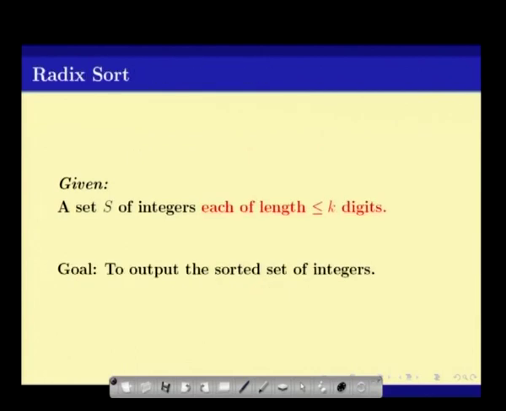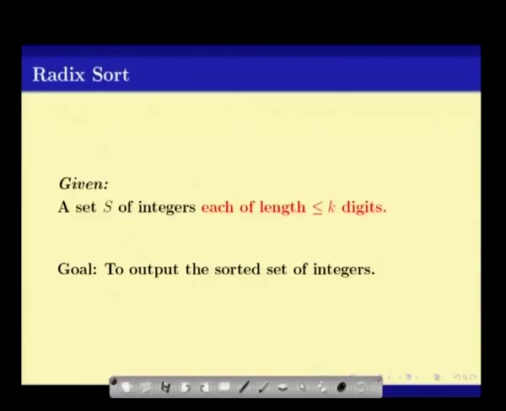Here we have a different assumption. We have a set of integers where each of these integers has k digits or less than or equal to k digits, and the goal is to output the sorted set of integers. Now, note that if something has k digits, then the maximum size of an element in this set can be pretty huge.